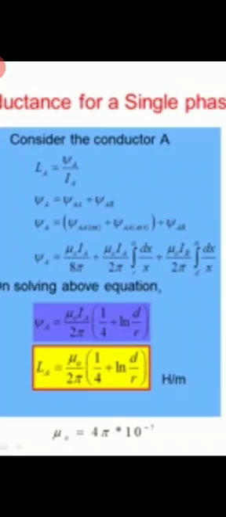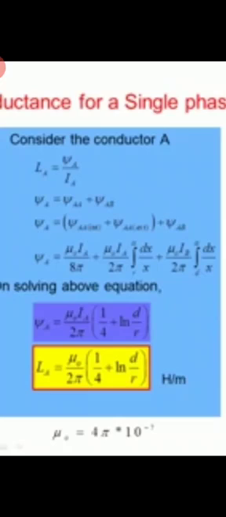Whenever current flows through conductor A, it produces the flux linkage psi A equal to psi AA. Psi AA is nothing but the flux linkage in conductor A due to the flow of current IA, plus psi AB.